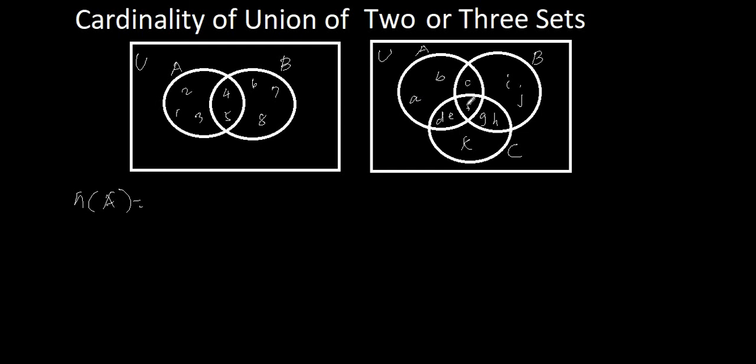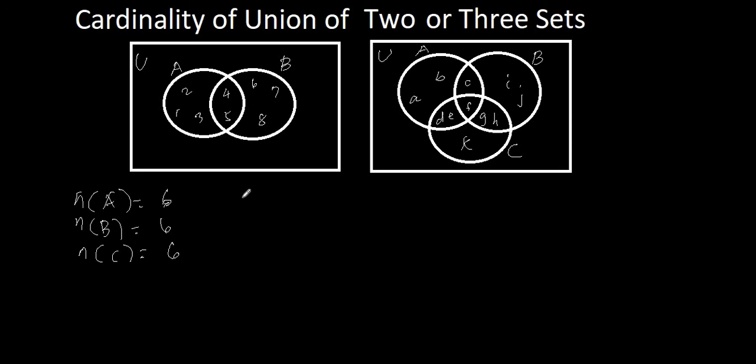Let's count: 1, 2, 3, 4, 5, 6. Cardinality of set B: 1, 2, 3, 4, 5, 6 also. And cardinality of set C: 1, 2, 3, 4, 5, 6. All 6.